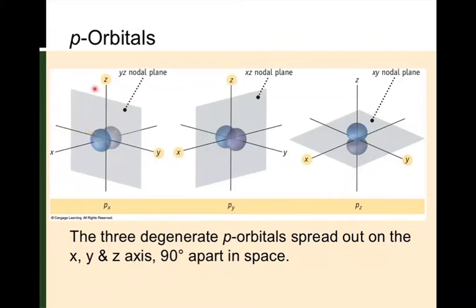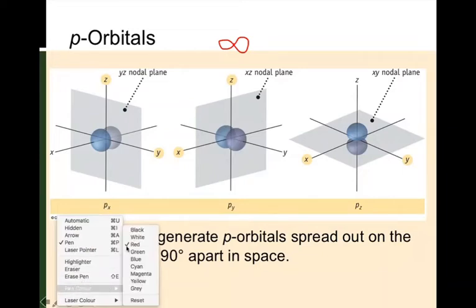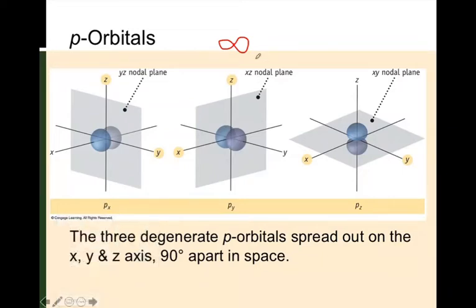There's always at least one node in a p orbital, and because of the way we have orientated it, the node lies directly in the middle of the orbital, where that blue line is.